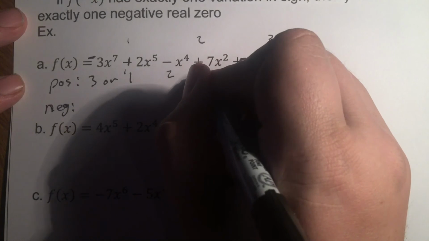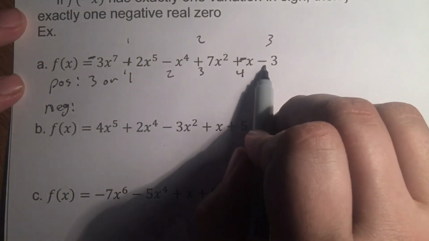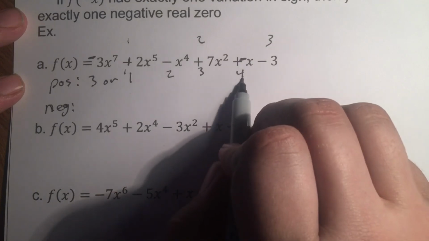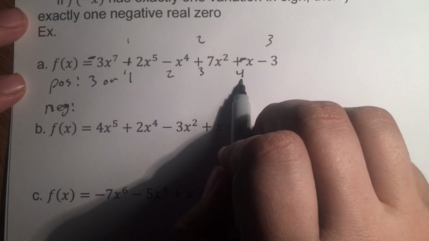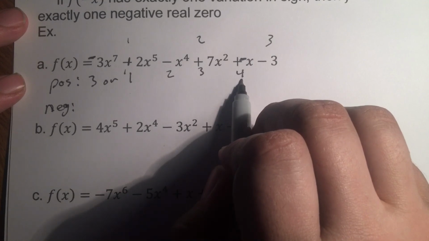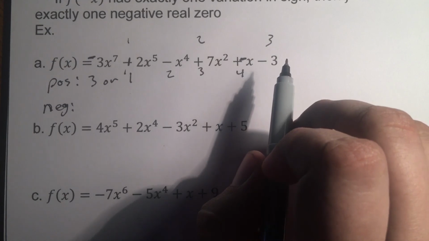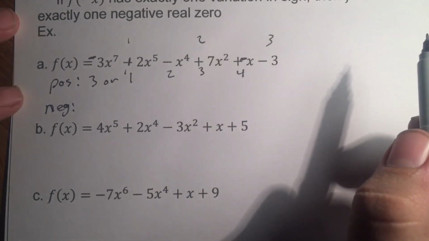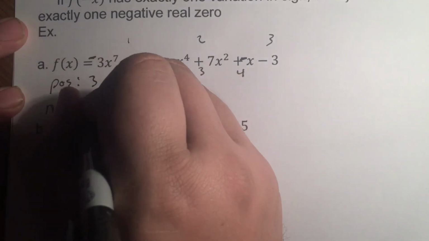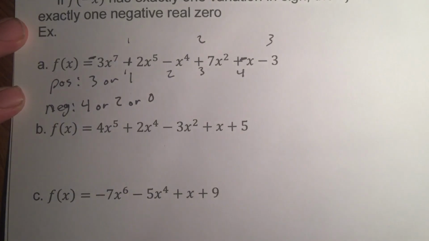Negative to positive would be 3. Positive to negative would be 4. And then it stays negative, so 4 is what's possible for the negatives. So we could have 4 or 2 or 0 of them.